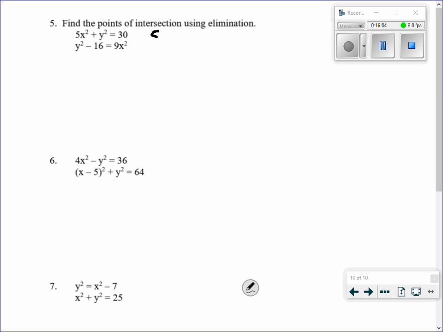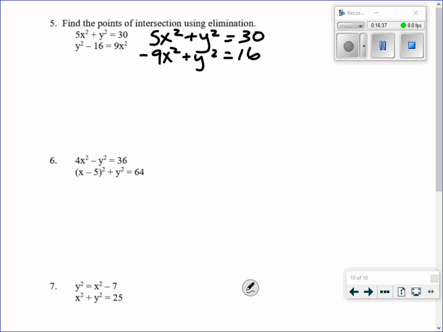When you're eliminating, think about that idea of eliminating a variable. That means one of them is equaling what if they're eliminated? 0. Good. So rewriting, we have our x squared, then our y squareds, then our numbers. Right now, can our x's be eliminated? Would they equal 0? No. Would our y's equal 0?